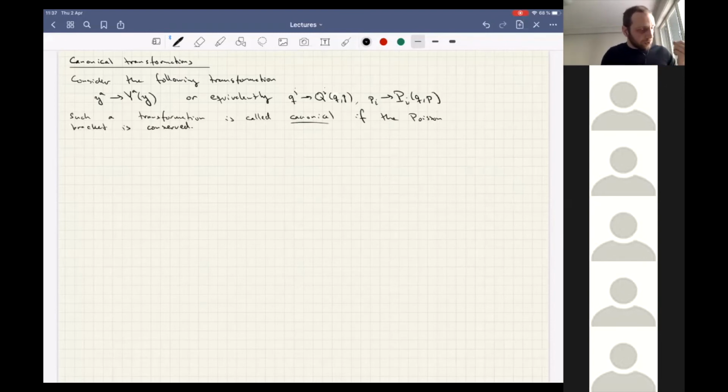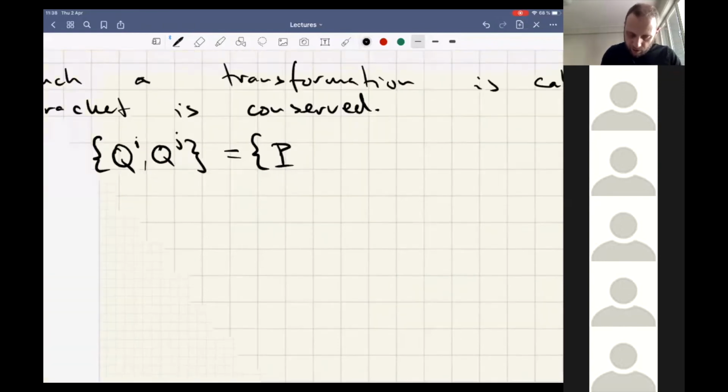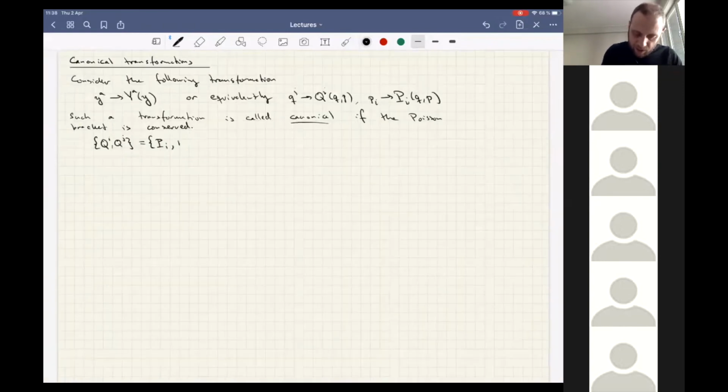So what does this mean? Well, it's going to mean that if we take the Poisson commutator between capital QI and capital QJ, and the same thing with the PIs, sorry, we should have indices upstairs here, so I and J, this is going to be the same as for PI, PJ.